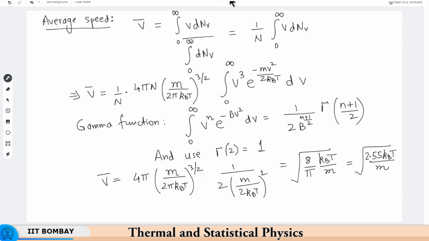So that is one thing. Another fairly simple thing that we can do is what is known as the most probable speed. What is the most probable speed?